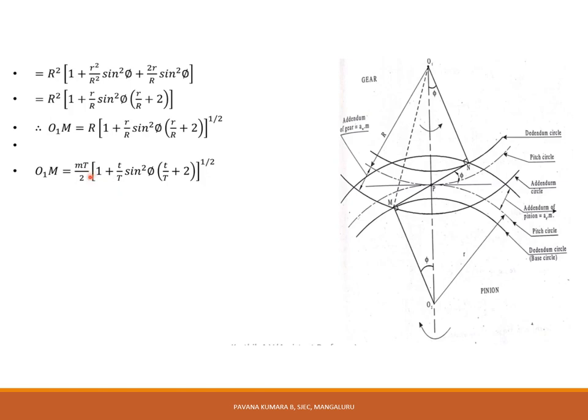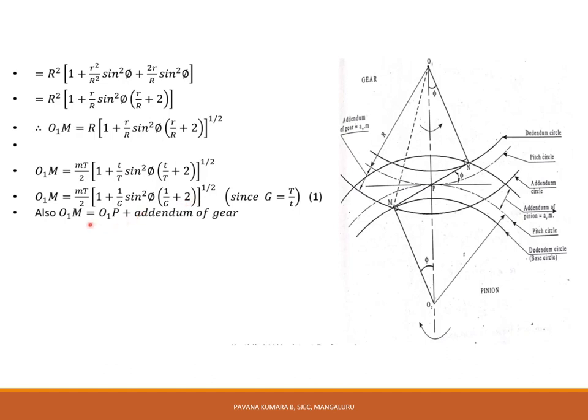Then g is nothing but capital T divided by small t from the first equation, so you can also write 1 divided by g, and here also 1 divided by g. Next also, O1M is equal to O1P plus the addendum of the gear.